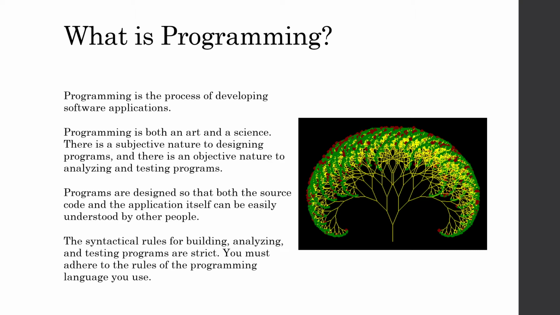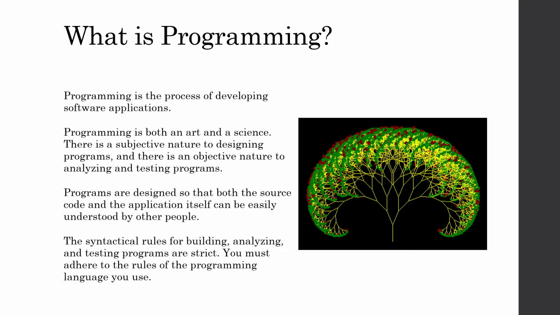So summarizing these points, we would say that our programs are designed so that both the source code and the application itself can be easily understood by other people. How well somebody can understand it or how intuitive it is generally going to be the most important part. And then on the more objective side, there are syntactical rules.